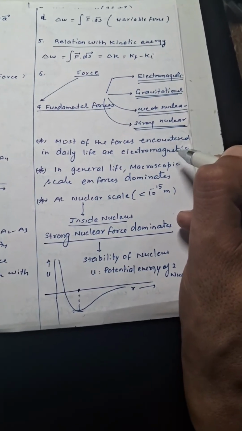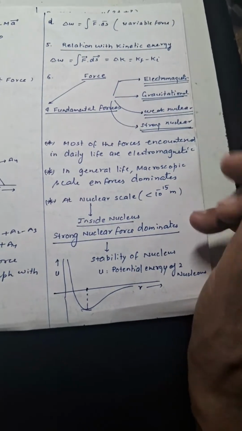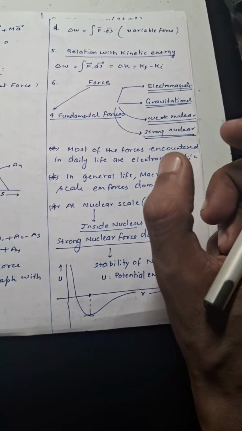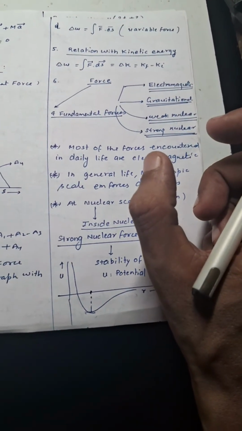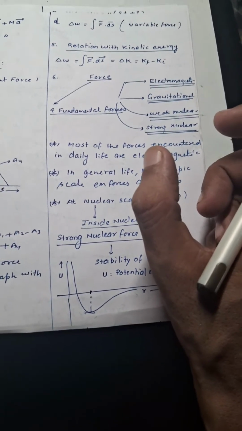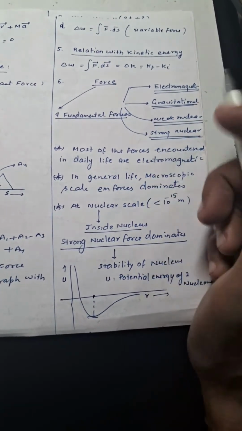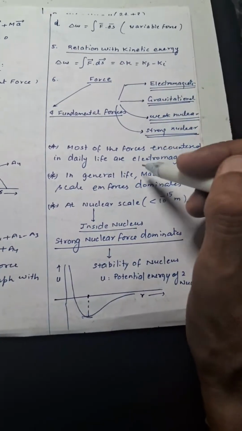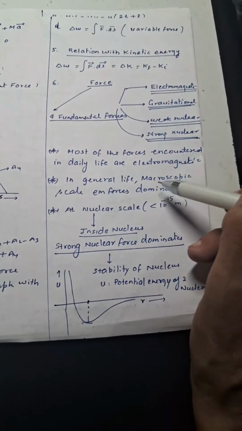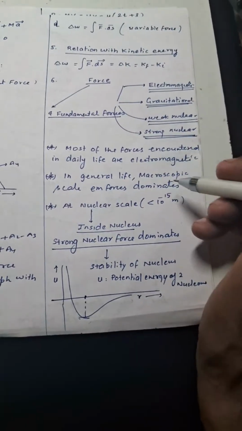Whether we talk about tension in a string, or the spring force, or the normal reaction, or the friction, or the force between cells, or the forces between electrons and nucleus, all of these forces are electromagnetic, and they dominate our daily life at laboratory scale. So in general life, at macroscopic scale, electromagnetic forces dominate. This is what I said earlier.